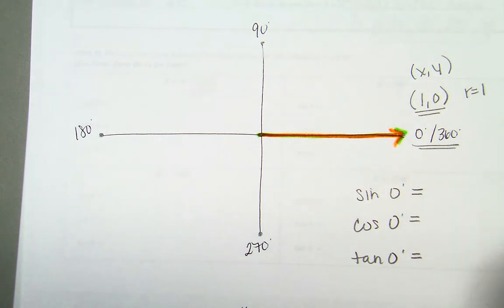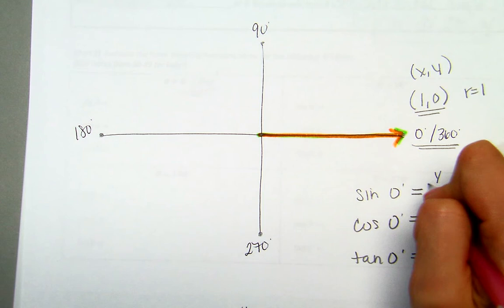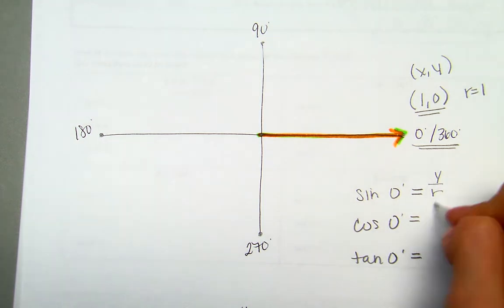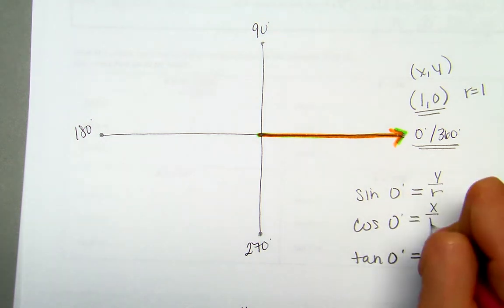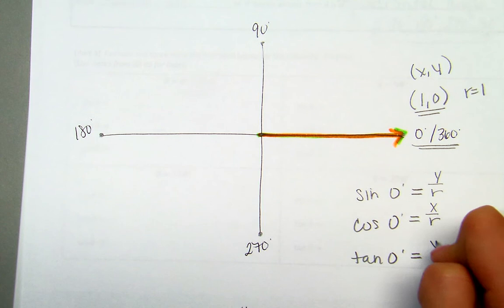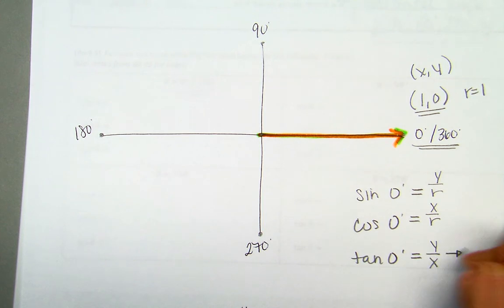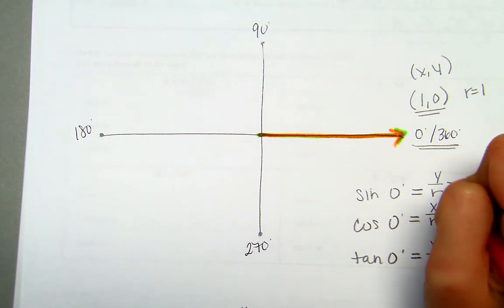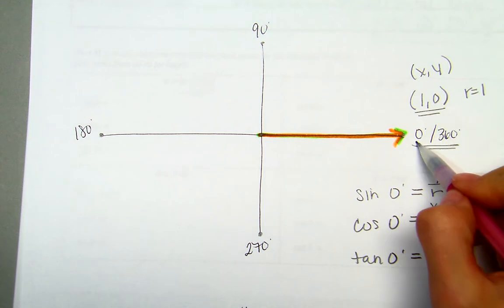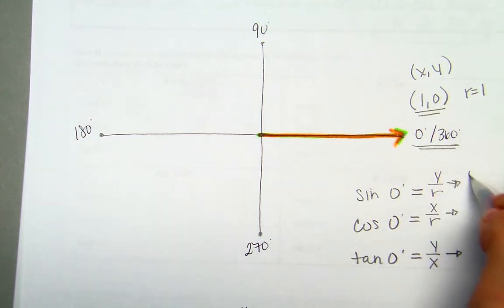Because your sine is your y over r proportion, your cosine is your x over r, and your tangent is your y over x. So if I plug in these values, at 0 degrees your y value is 0. Your r value is always 1, and 0 divided by 1 is 0.